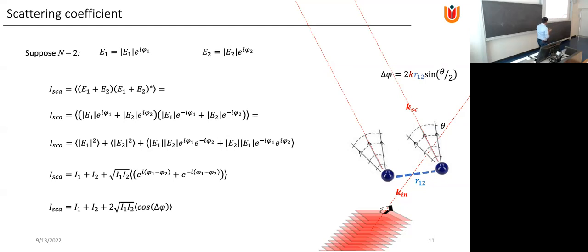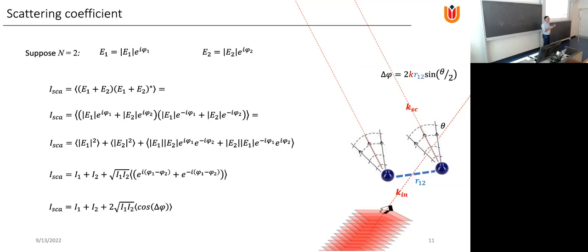As you can see, what this implies is that the scattering intensity will change. So these terms will stay the same. This is just the intensity scattered by individual particles. But the total scattered intensity will change if we, for example, change the separation between the particles, because that will change r12, that will change delta phi, so that will change this cosine term.